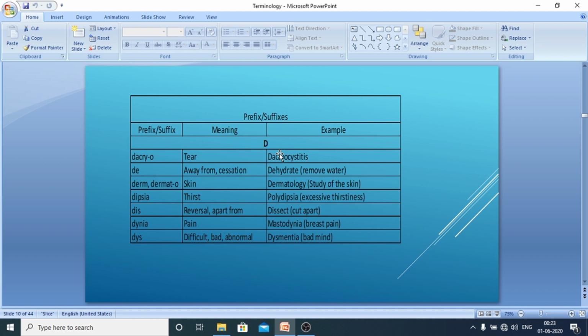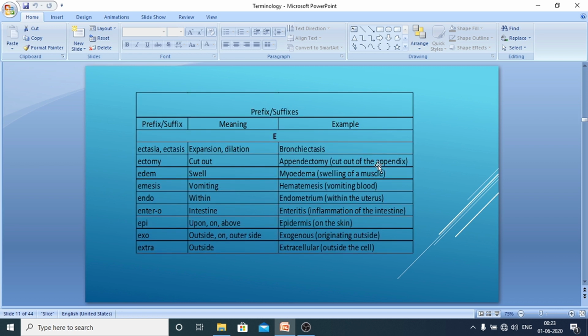Dacryo means tear, and the example is dacryocystitis, and it is a prefix. Dynia means pain, and mastodynia means breast pain, and here dynia is a suffix.